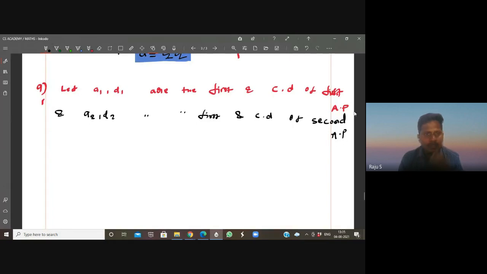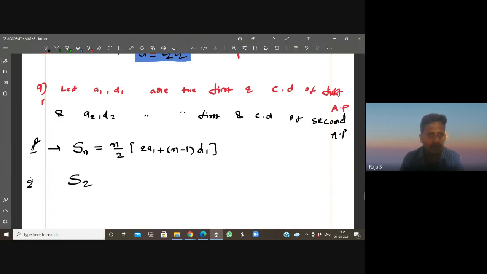Is it clear, students? Then what is the Sn formula for the first one? For the first arithmetic progression, the Sn formula is n by 2 of 2A1 plus n minus 1 into D1. For the second arithmetic progression, the sum of n terms is given by the same n by 2.